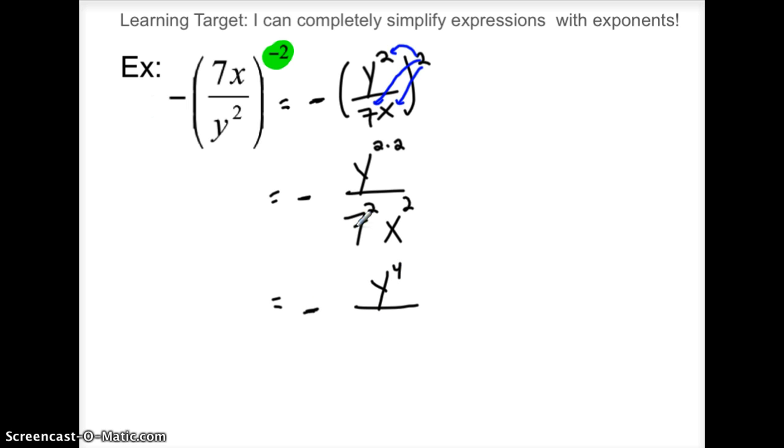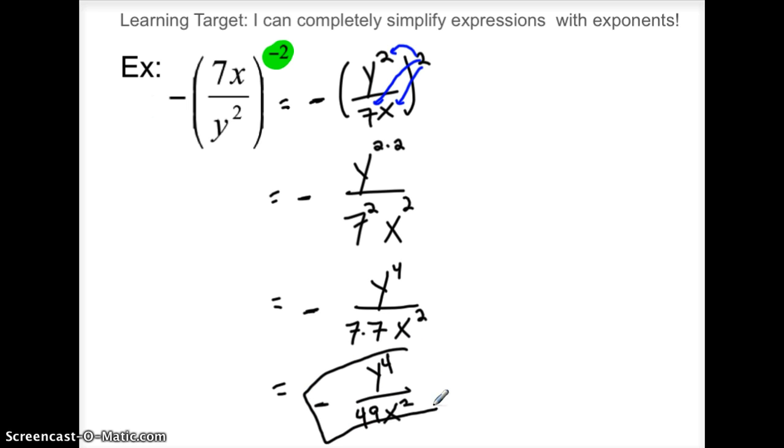We'll have y to the 4th, 7 squared, 7 times 7, x squared. Keep that negative, y to the 4th, 7 times 7, oh yeah, that's 49. Then we'll have x squared. Now take a look. No variables are repeated. There's no way to reduce 49. So, oops, I went through the answer, but there would be my simplified answer.